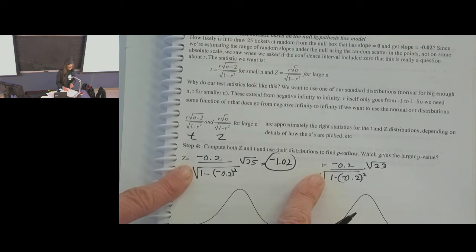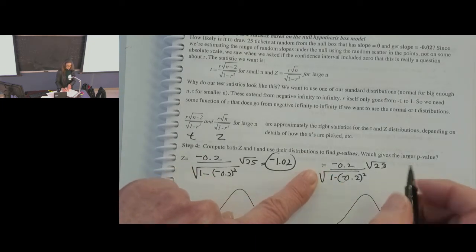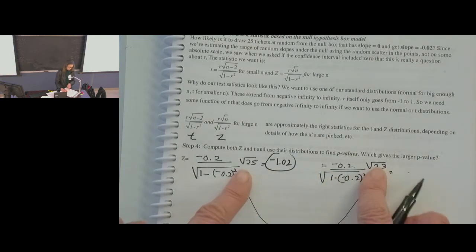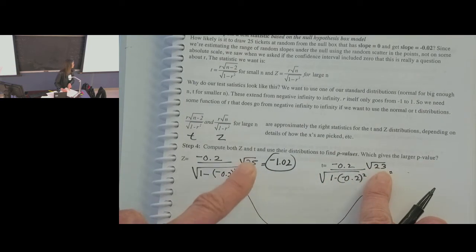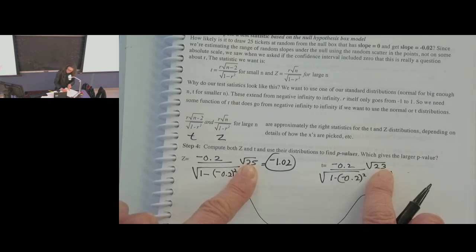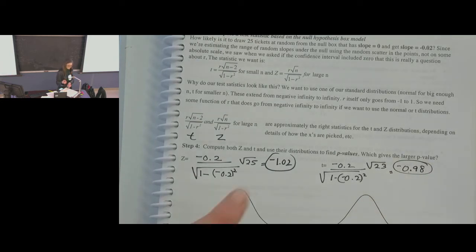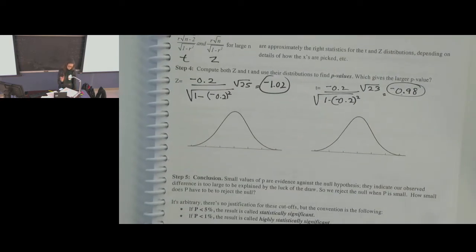This is just our sample statistic, a little bit smaller by that factor. I got negative 0.98. That's t, not t star. It just has more error in the denominator.